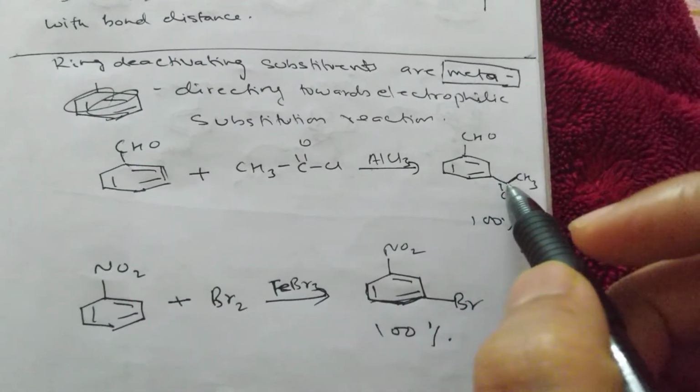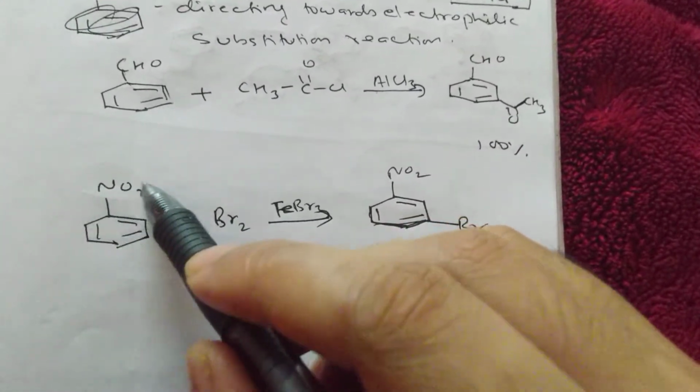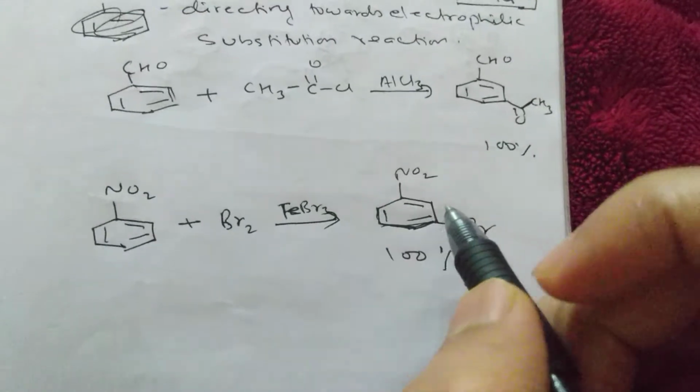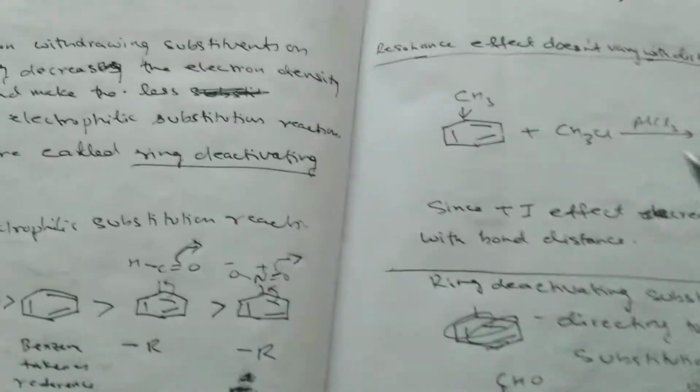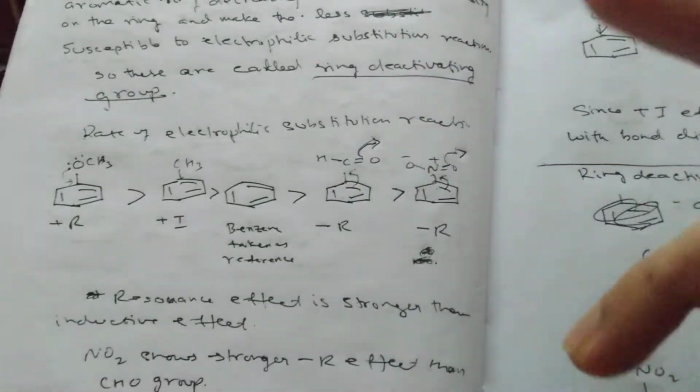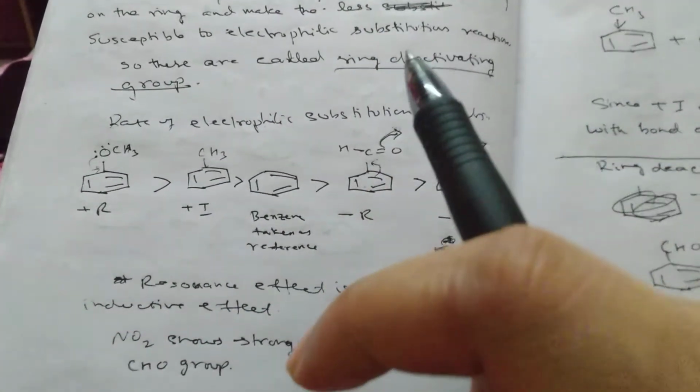You are getting on meta position COCH3. Similarly, if you do bromination, since it is withdrawing group, ring deactivating group, it will be meta directing, getting bromination on meta, right? So in this chapter, till now what we studied is anything which pumps electron is ring activating group.